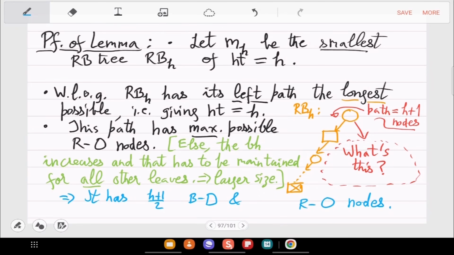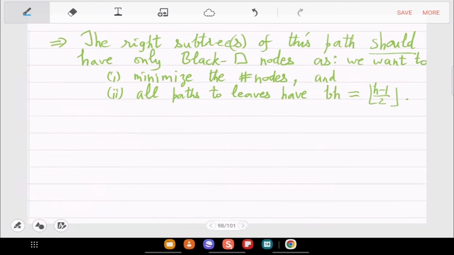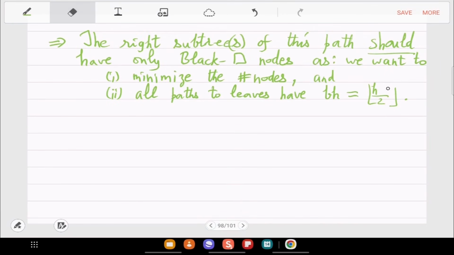Let's just remove floor and ceiling, because it will not matter anyways for the idea. Let me just say that whatever nodes you have, you halve it. You should give equal to black and red, and so this height is what has to be now preserved. I'll correct it later in the notes in terms of exact floor and ceiling.